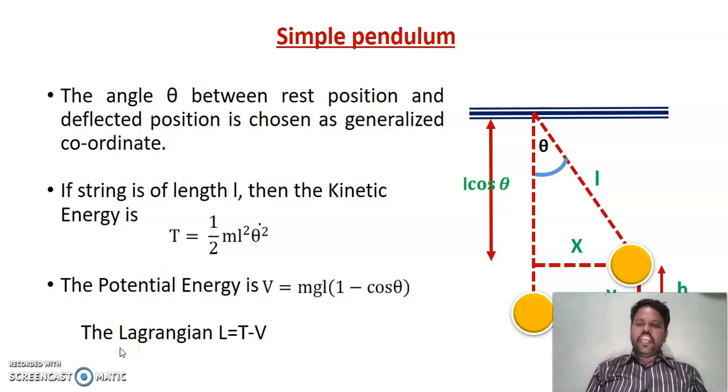For the Lagrangian, we know that L is equal to T minus V. Substituting T and V terms, we obtain L is equal to half m L square theta dot square minus mgl into 1 minus cos theta.